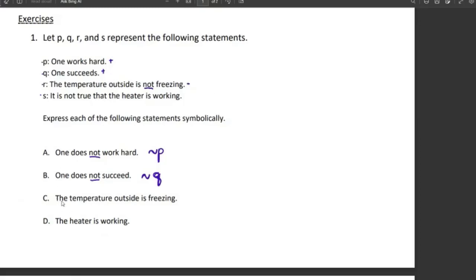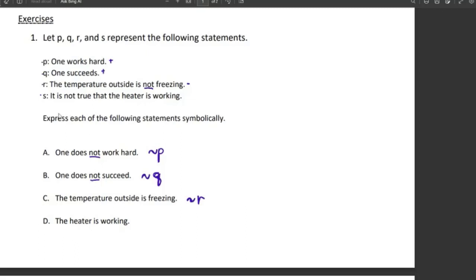And on C, it says the temperature outside is freezing. Okay, so we know it's going with the letter R, but our original R says that it's not freezing. And this one is saying that it is. So this is an opposite, or it's negative of our original R.